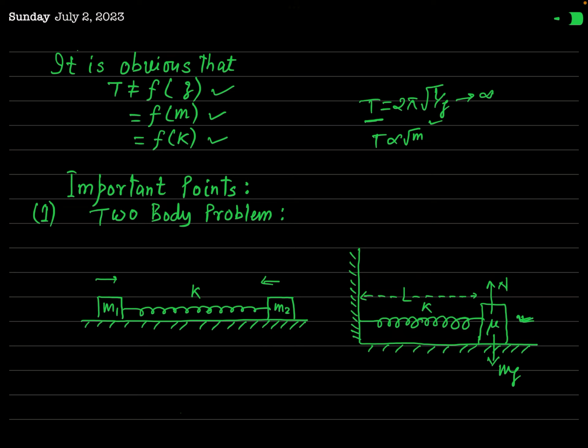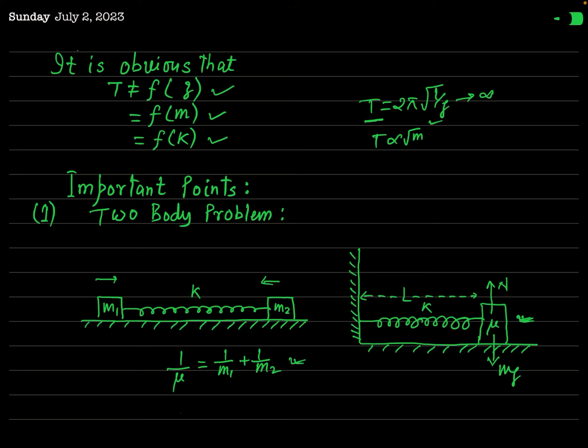And what will be this mu? If mu is the reduced mass, then 1 by mu is equal to 1 over m1 plus 1 over m2. So you can think that there are not two masses attached to the spring, but only one mass having mass mu, and that mu is given by this formula.